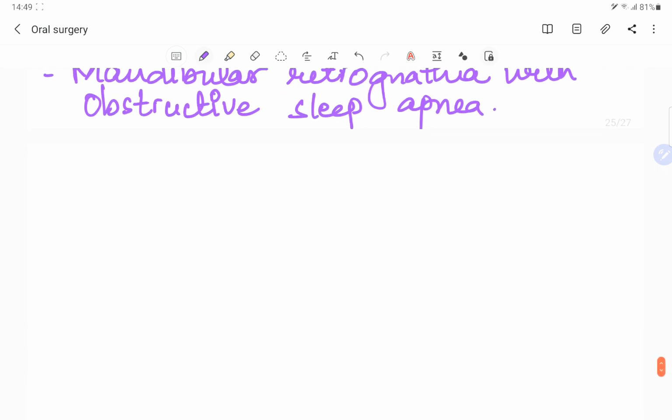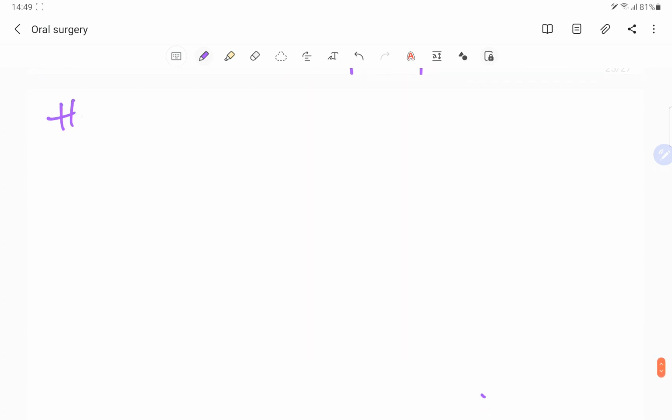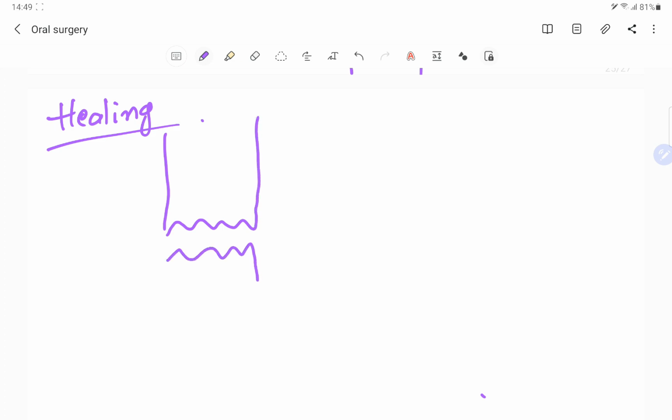I am going to brief you about the healing so that you know what I am talking about. What happens, say suppose, if there is a break in the continuity of the bone. Say this is a bone and you have done an osteotomy.